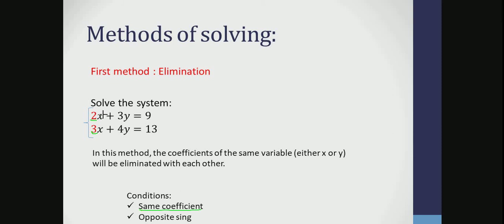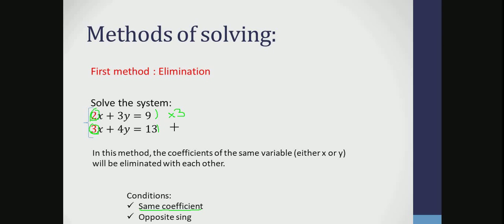Same coefficient. So we always do the following. We multiply the first equation by the coefficient of x in the second equation. So this equation will be multiplied by 3 and we multiply the second equation by the coefficient of the first equation.